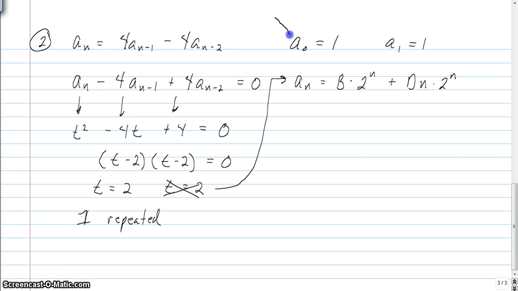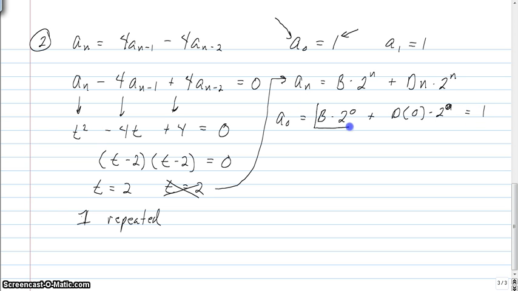Now I'm going to go apply my initial conditions. If I put 0 in for n, that's going to make this term go away because I'm plugging 0 in for n. Right, but when I multiply by 0, this is just going to go away. And I get to set this equal to 1.